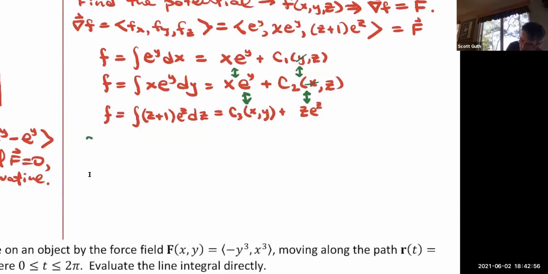So f of x, y, z, my potential function, is going to be x e to the y plus z e to the z and then plus just an arbitrary constant of integration.